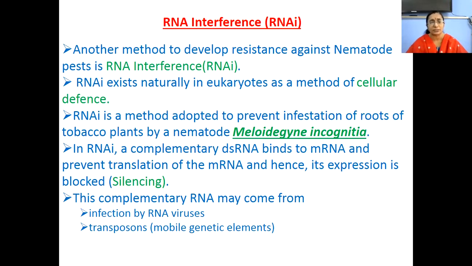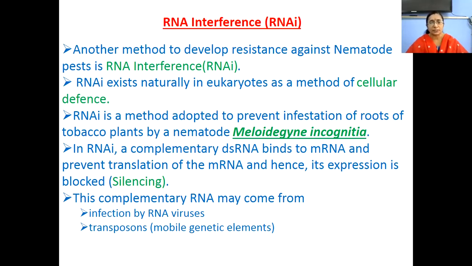There is already a mechanism called RNA interference, which exists in eukaryotic cells. It is a method of cellular defense to prevent unwanted viruses and others from attacking the cell. So we use the property of this RNA interference to destroy the nematode which is infesting the roots of the tobacco plant.